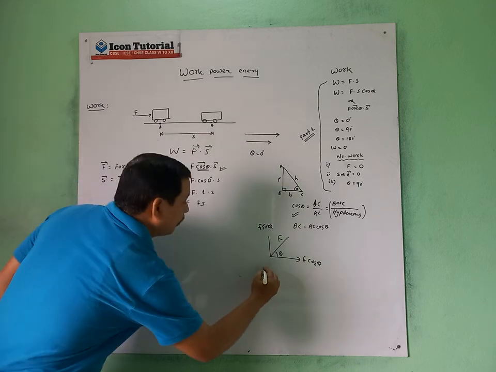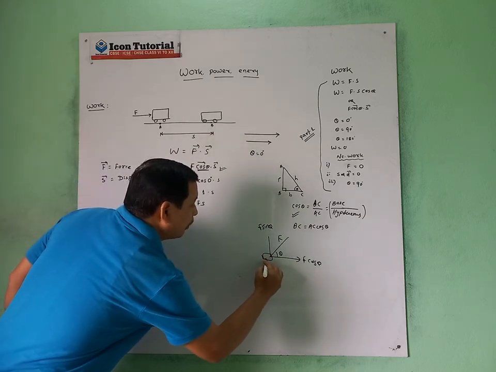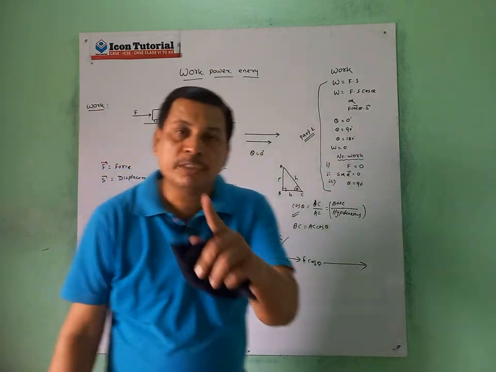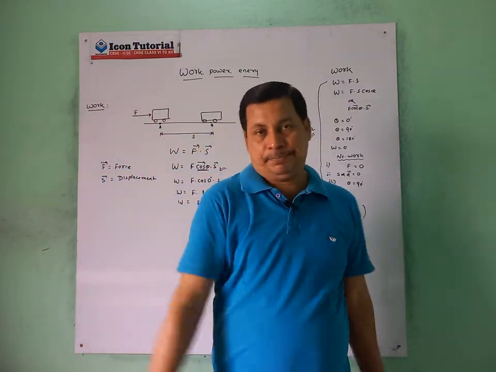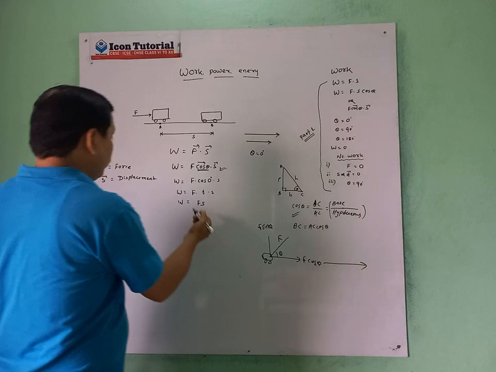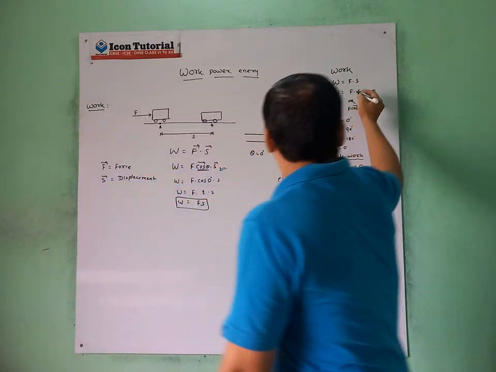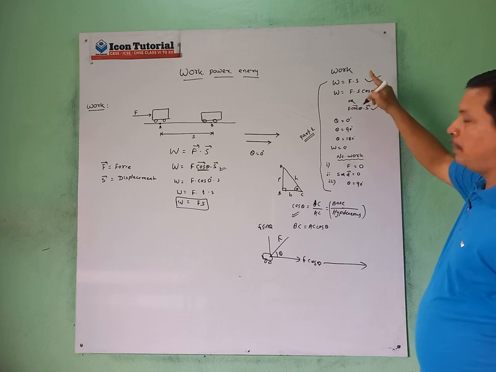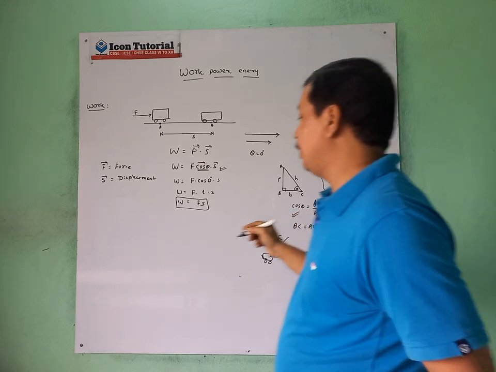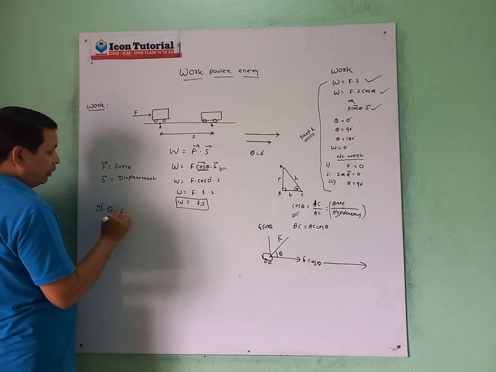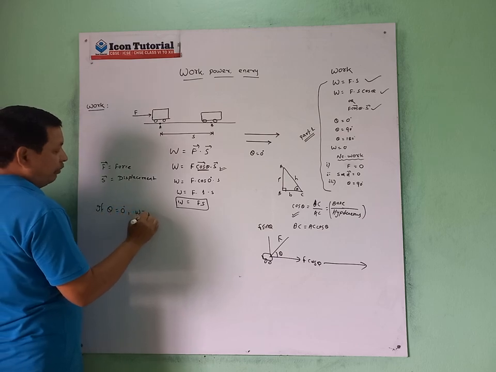So when the body is there, look at here, the body is moving due to this force, due to F cos theta, the body is moving horizontally, right? Now this is Fs, clear? So W is equal to Fs cos theta. That part is clear. Now if theta is 0 degree, then W is equal to Fs.